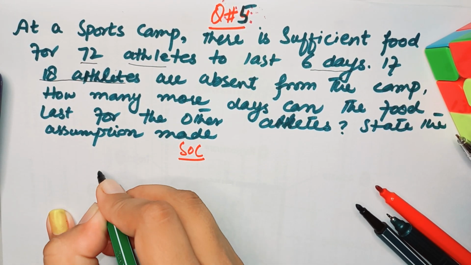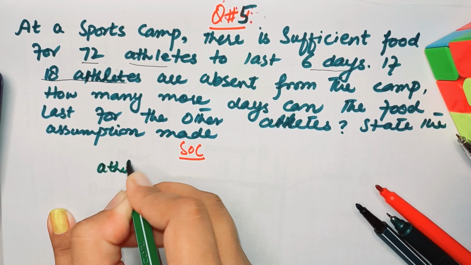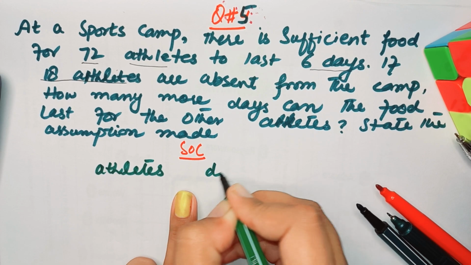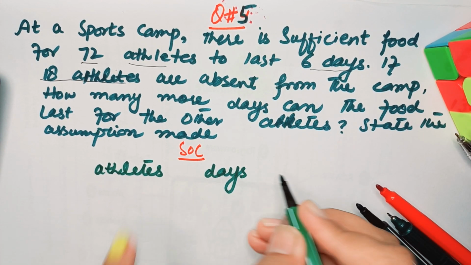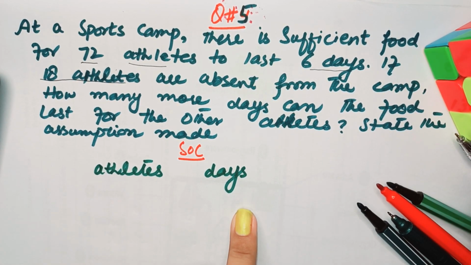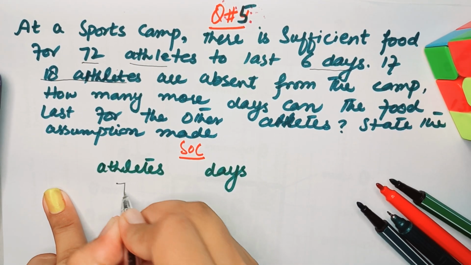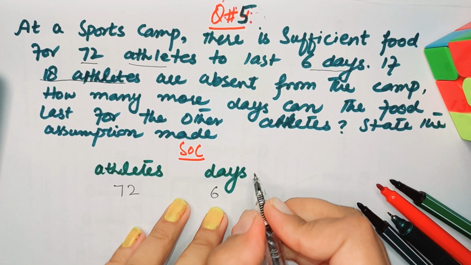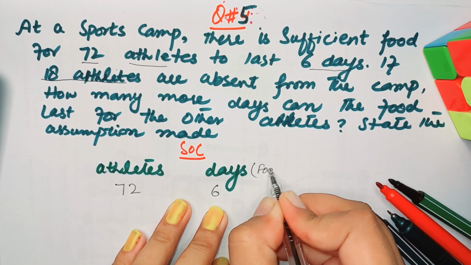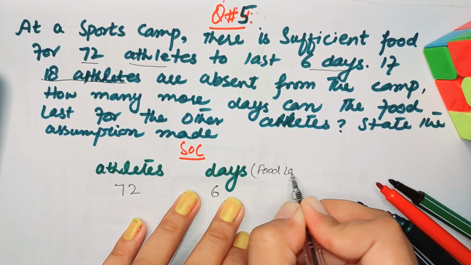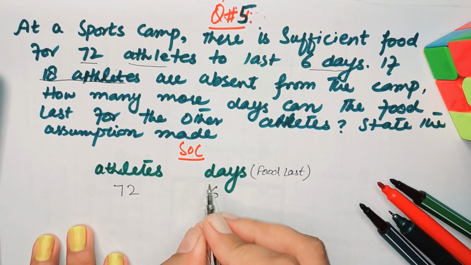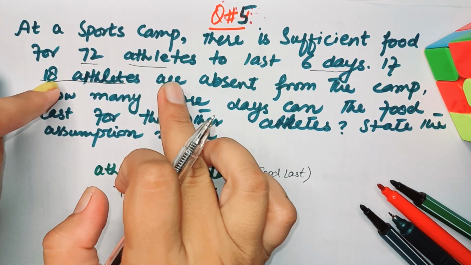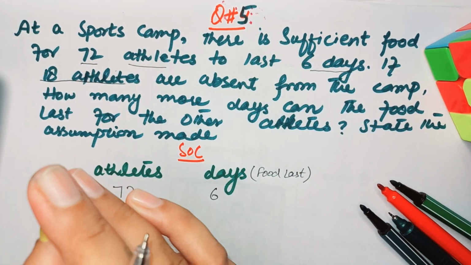Like we have athletes and we have the days food lasts for. So you can see we have 72 athletes and the food is sufficient for 6 days. Now you have 18 athletes are absent from the camp.